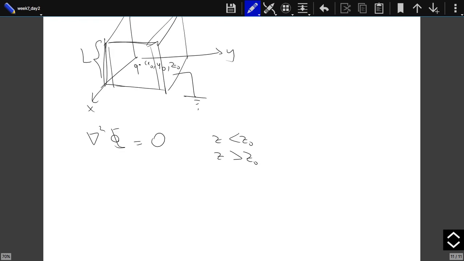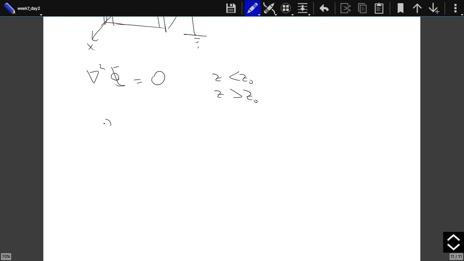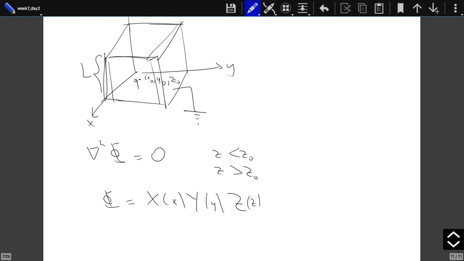Now, in each one of these domains, you can make this ansatz. And in each one of these domains, x and y should be periodic because it repeats itself. It has zero value at some point and zero value at the other point.